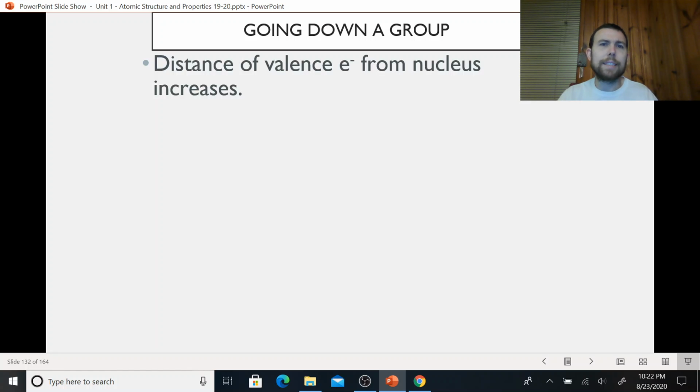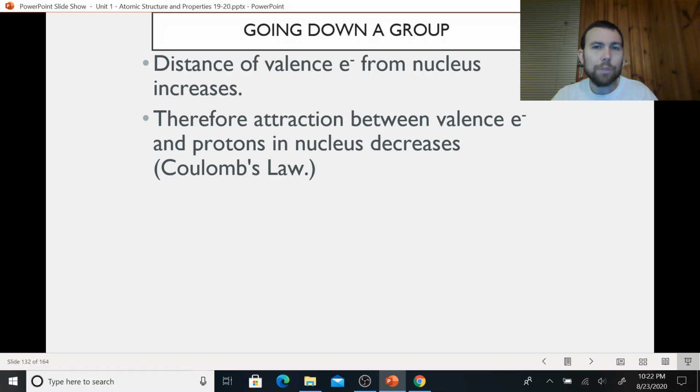So what we've seen is the distance of the valence electrons from the nucleus increases. As a result, the attraction between the valence electrons and the protons in the nucleus decreases. That should remind us of Coulomb's law. That makes a lot of sense. The distance is increased, so the attraction has also decreased.